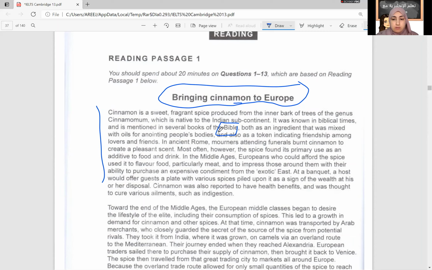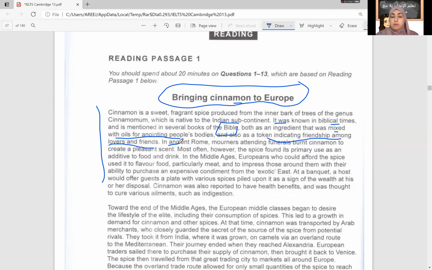So I go back a little to the beginning of the sentence. Here's the word biblical times. I just found it. So it was known in biblical times and is mentioned in several books of the Bible, both as an ingredient that was mixed with oils for anointing people's bodies, and also as a token indicating friendship among lovers and friends. Okay, so now I got it.